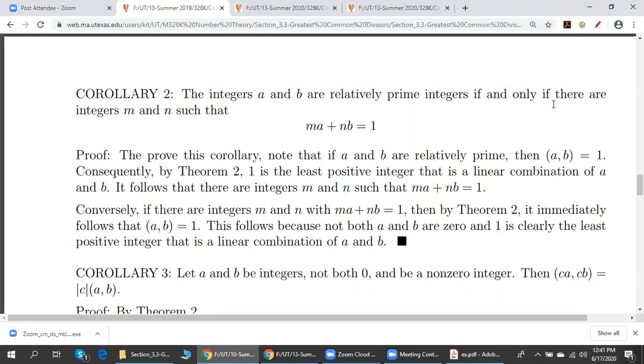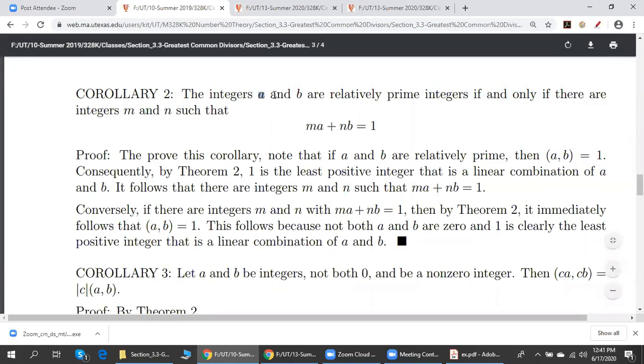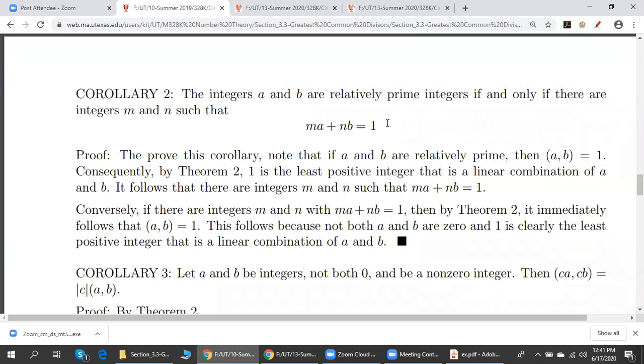First, we prove that if these two integers are relatively prime, there are integers m and n such that ma plus nb is equal to 1. Then we prove the opposite. If there are integers m and n such that this is equal to 1, then a and b are relatively prime. So let us do it.